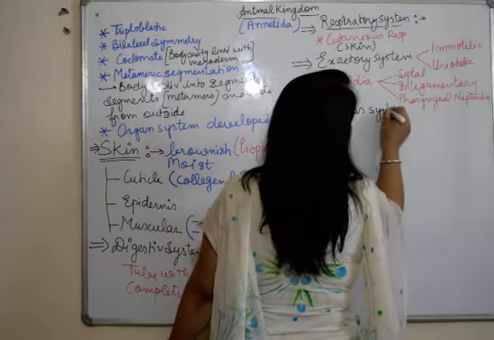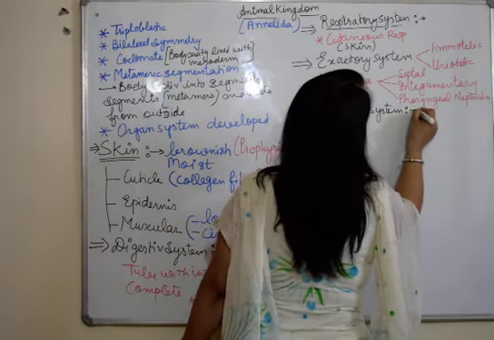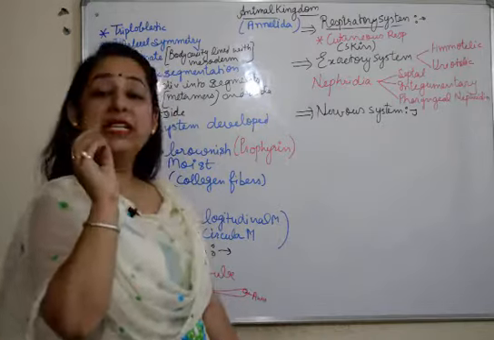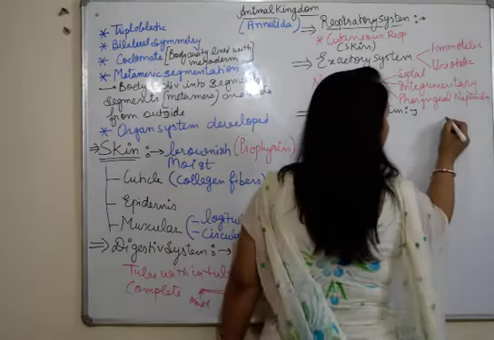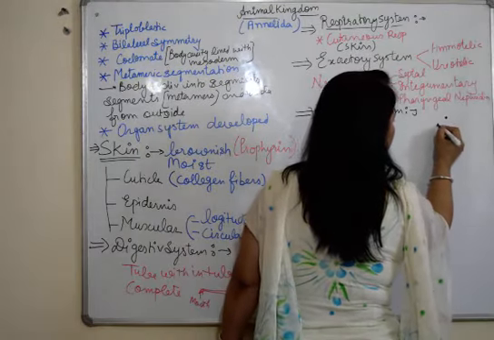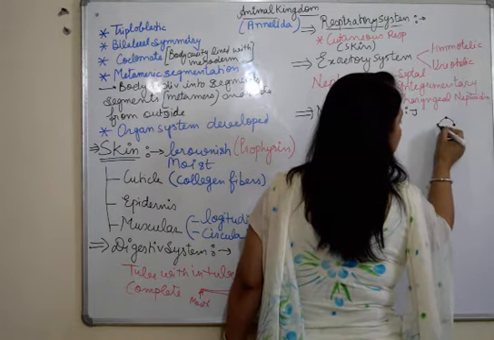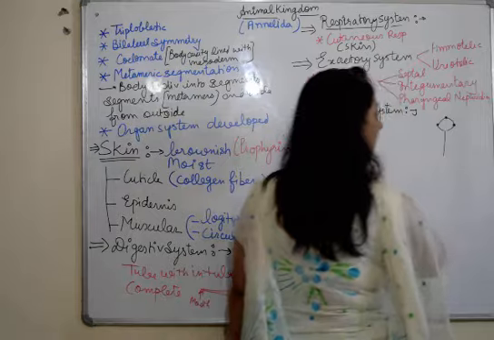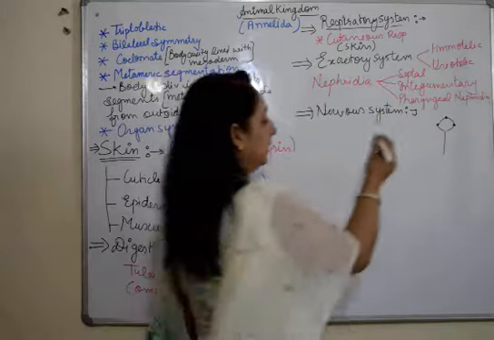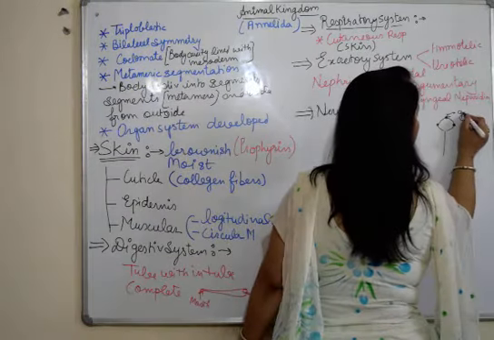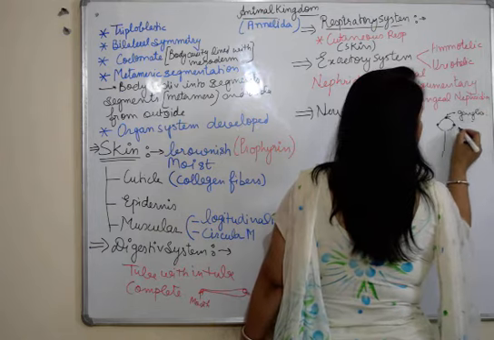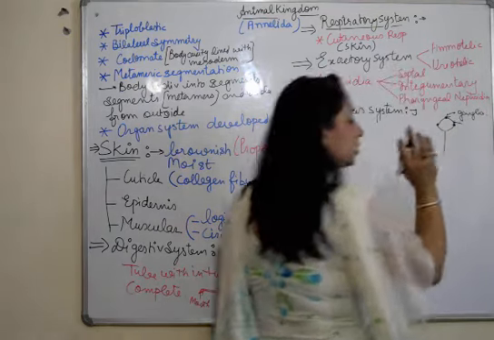Then we have the next system, that is the nervous system. The nervous system is not that developed. It's not completely developed, but still if you see the structure, in the head region, the cephalic region, there are these ganglia present which are joined by this. These are the ganglia, and this is a ring-like structure which is formed.